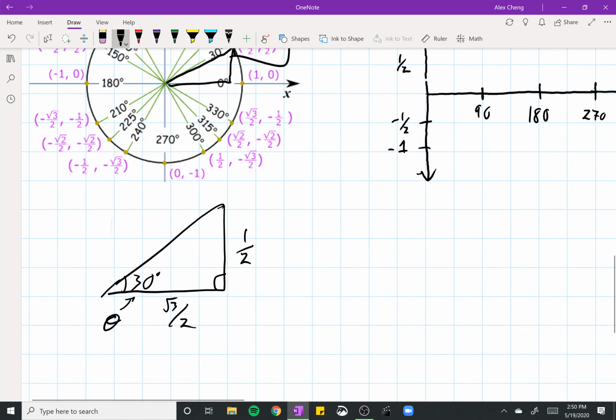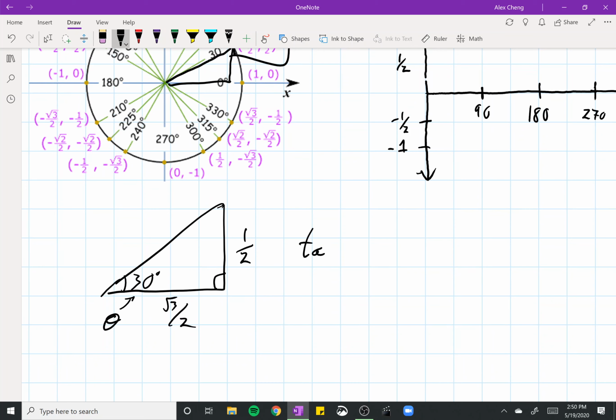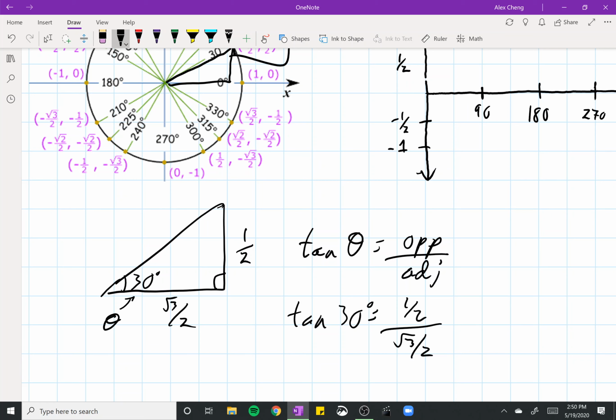And so tangent of theta, if we remember, is equal to opposite over adjacent. And so tangent of 30 is equal to 1/2 divided by root 3 over 2. If I simplify this, it would simply be 1 over root 3. Now, here's the thing. I actually hardly ever remember tangent of an angle.